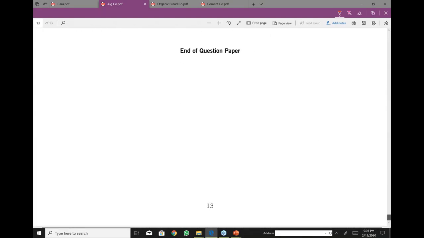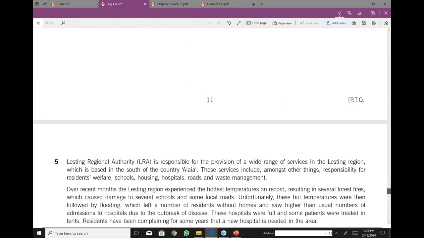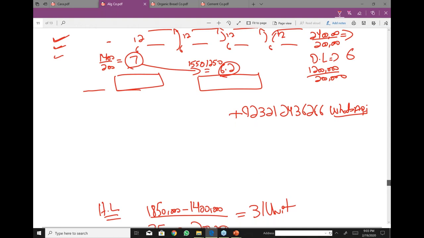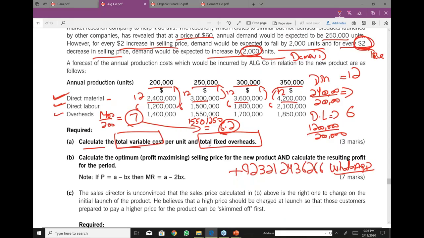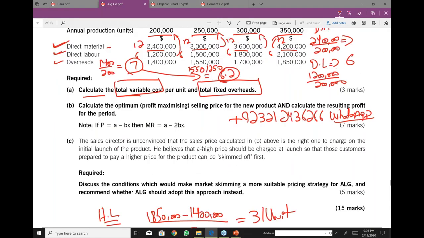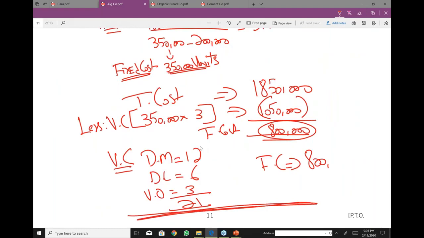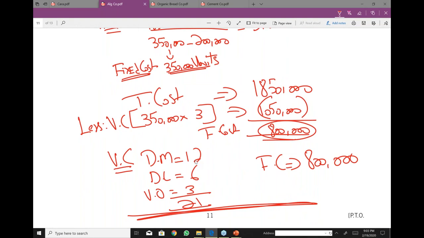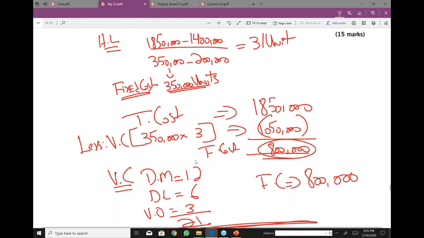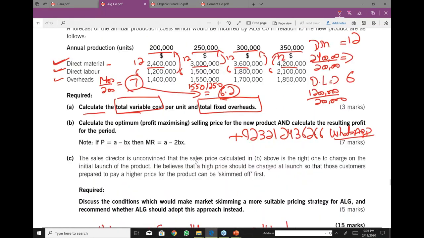Clear? I'm sure this is not that difficult for you to handle in the examination, and you can solve this. So we are done with part A. It's 21 and 800,000 is the fixed cost.